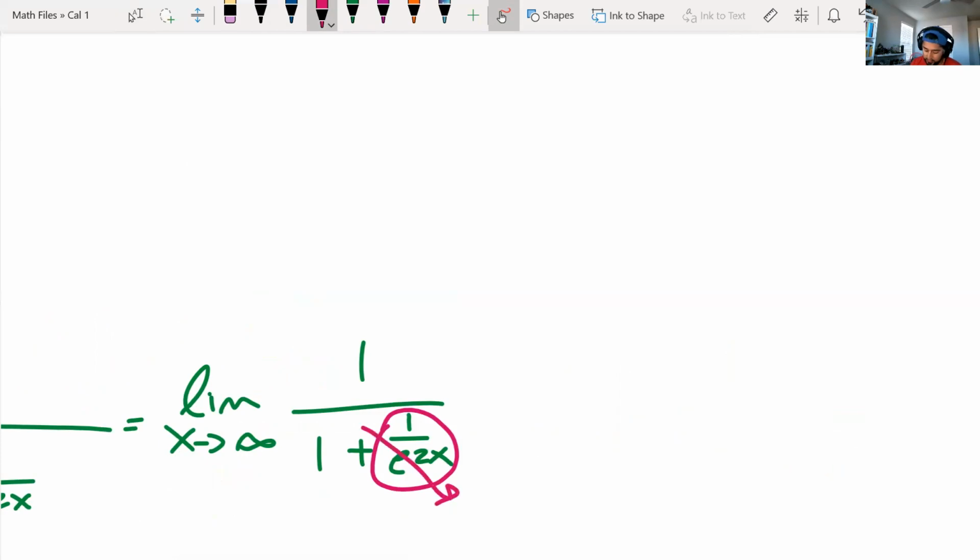Because once again, your numerator is a constant number, but the denominator is getting larger and larger and larger. So it becomes 1 over infinity, which goes to 0, which means all we're left with is the limit as x approaches infinity of 1 over 1, which just gives us 1.